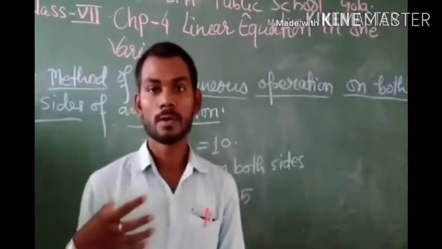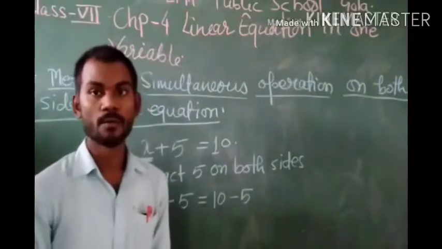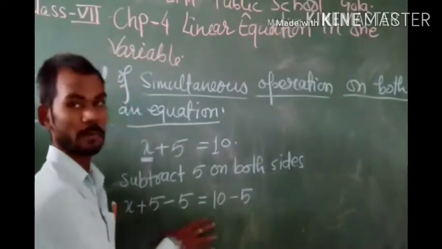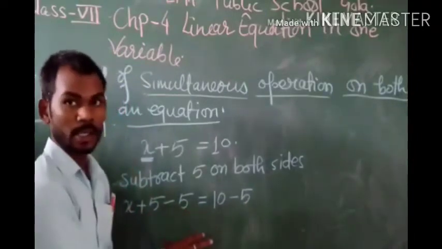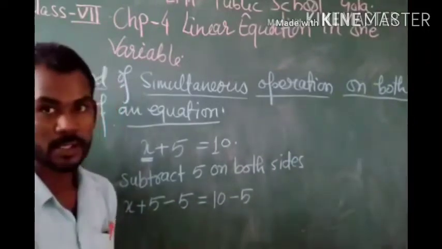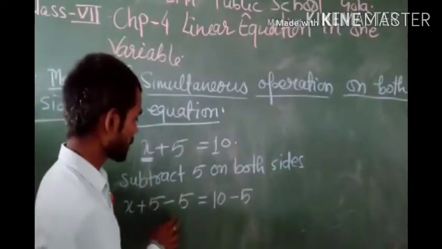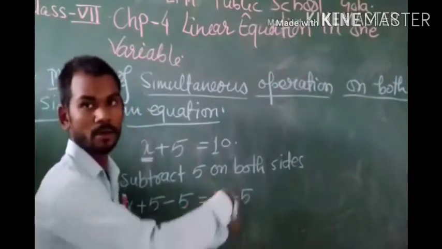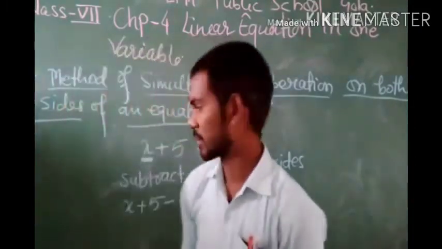We do similar operation on both sides because we have to keep the value of the equation unchanged. Here the value of the equation didn't change because on both sides we subtracted 5. When we subtracted 5 on both sides, so there is no change in the given equation.